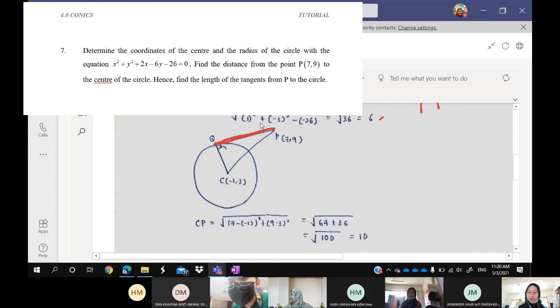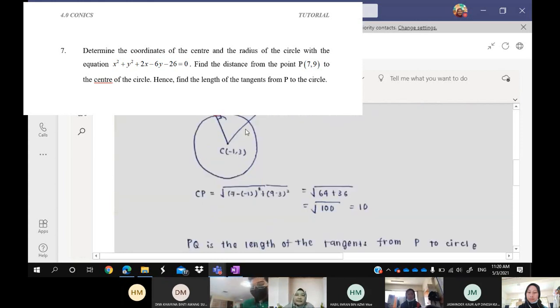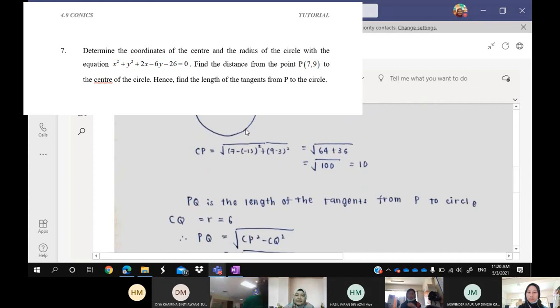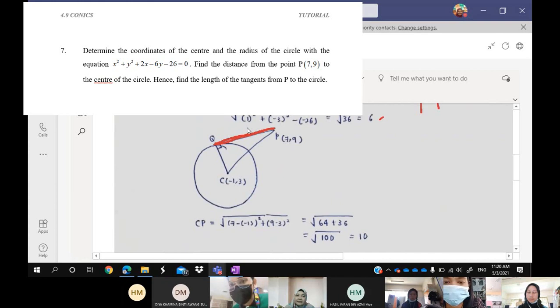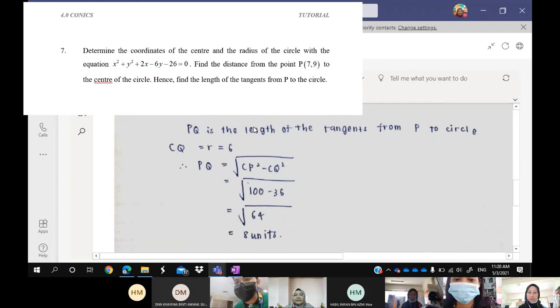We get the length equals 10. CQ, just now we got CQ equals r, so CQ is equal to 6. Then from P to Q, use the Pythagoras theorem, substitute the values, and we get 8 units.